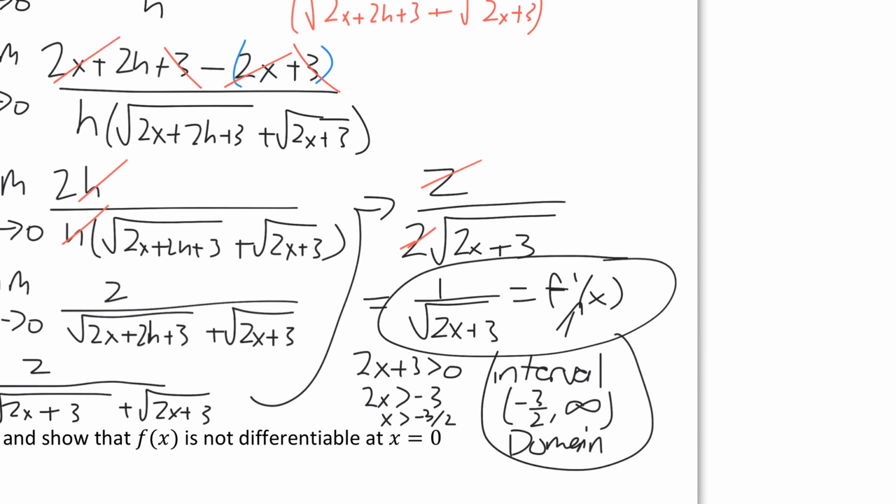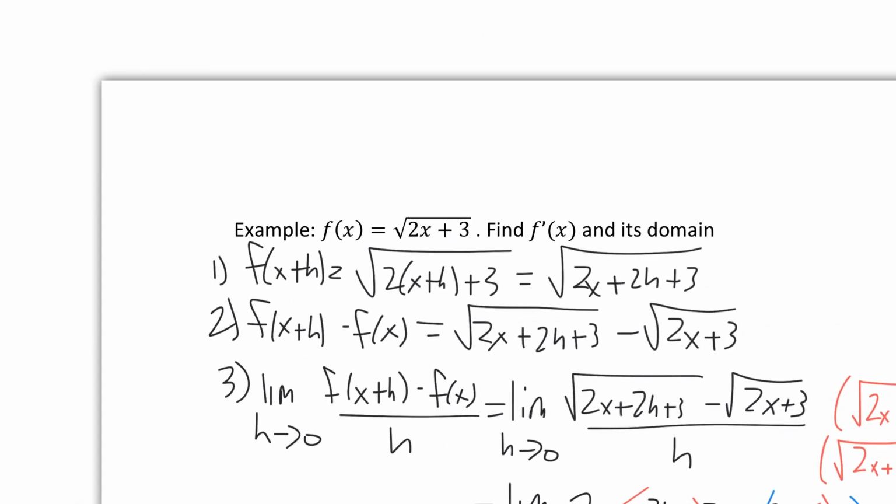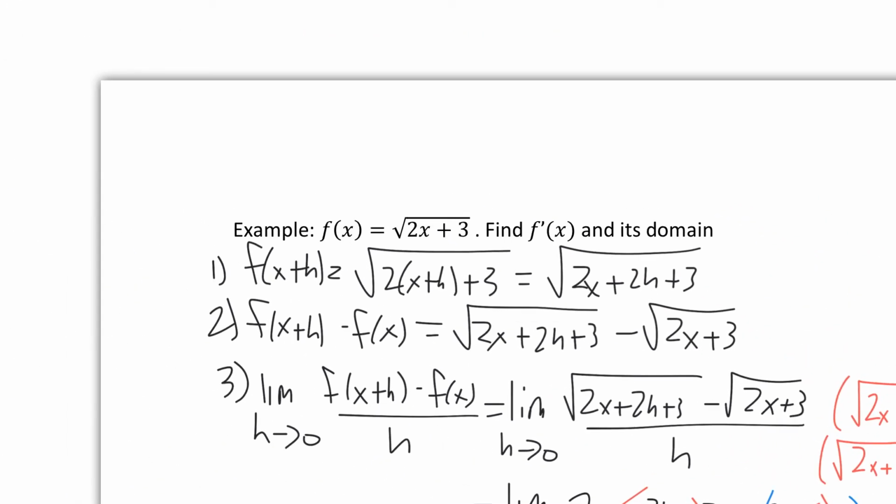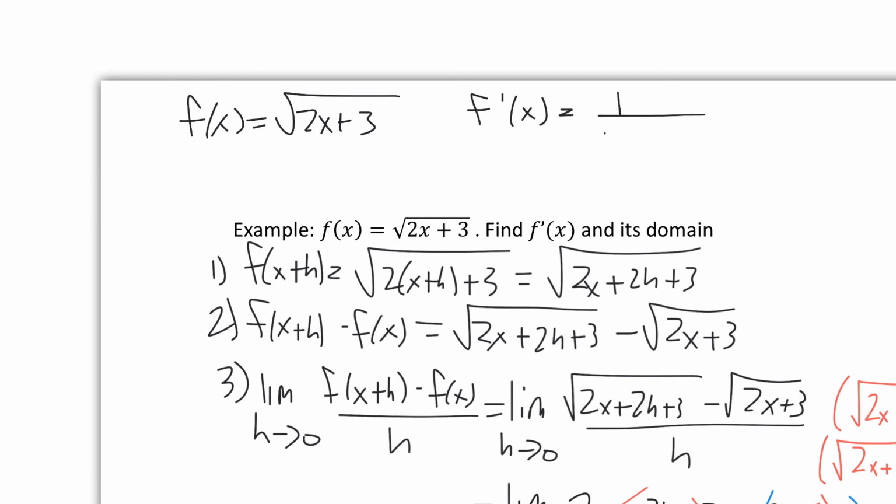Now let's go again and look for that connection. So we'll go back to our original function. F of x was equal to root 2x plus 3. And f prime of x is equal to 1 over root 2x plus 3. And again, we're asking ourselves, is there some kind of connection?